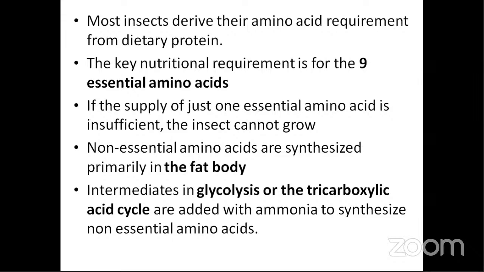Non-essential amino acids are primarily synthesized in the fat bodies of insects, mainly from intermediates obtained from glycolysis or the Krebs cycle, the tricarboxylic acid cycle, which add with ammonia for amino acid synthesis.